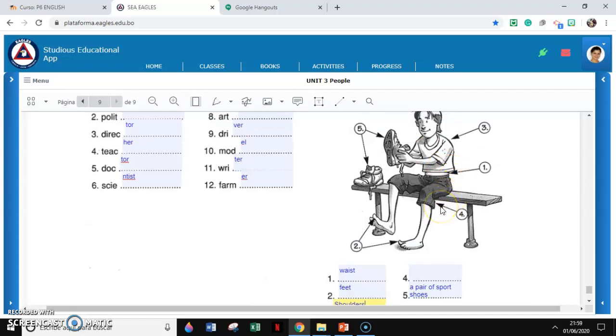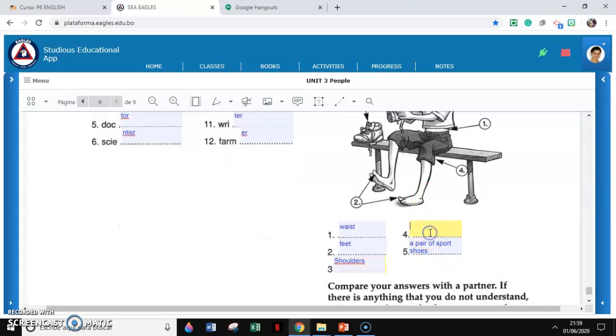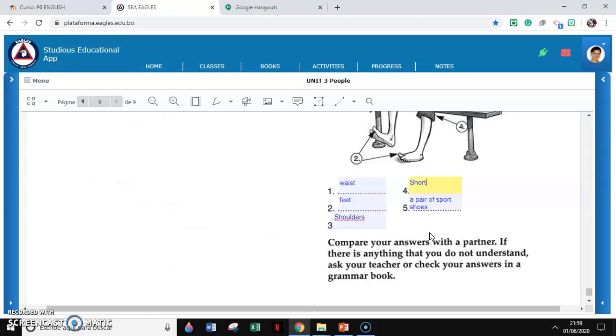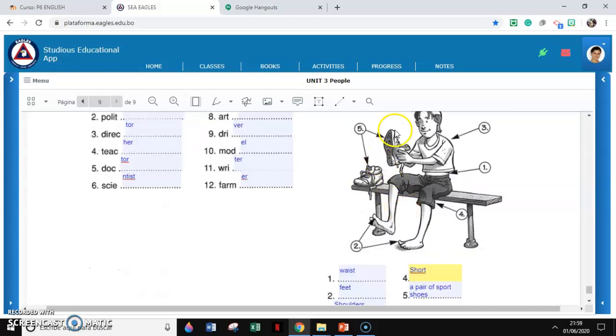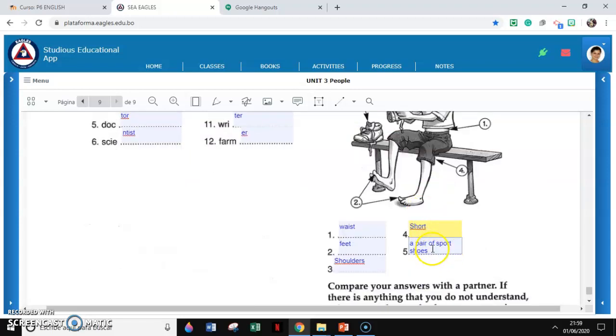Or it can also be pointing to, I don't know, shorts. Shorts. And then we have number 5, which is pointing out to a pair of sports shoes. Right? Shorts here. So that's it for Friday's homework.